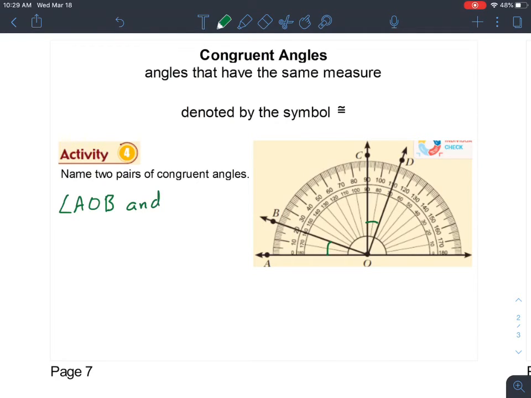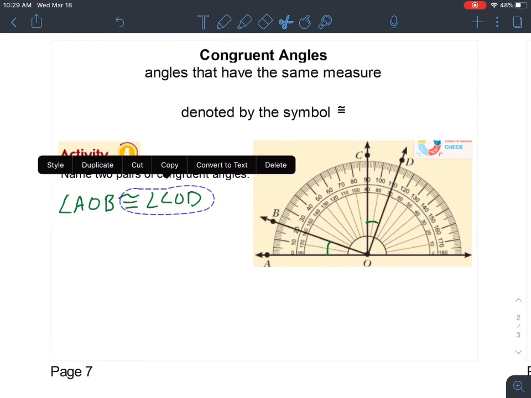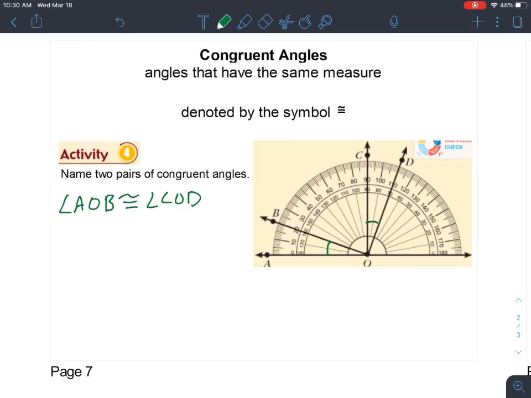We have AOB, and the other angle is going to be COD. And in fact, I'm going to demonstrate what this looks like with the congruent symbol. So there we go. AOB is congruent to COD.